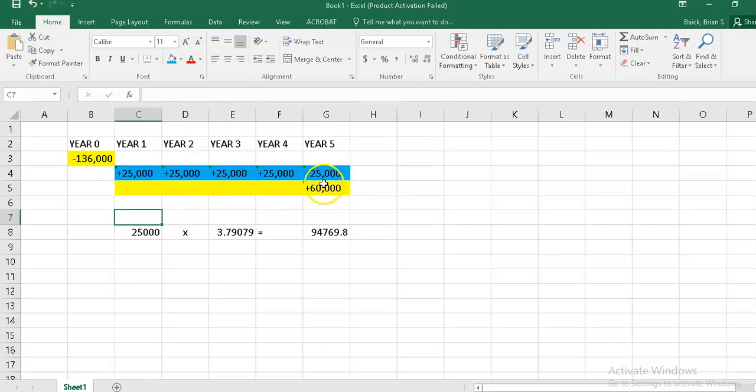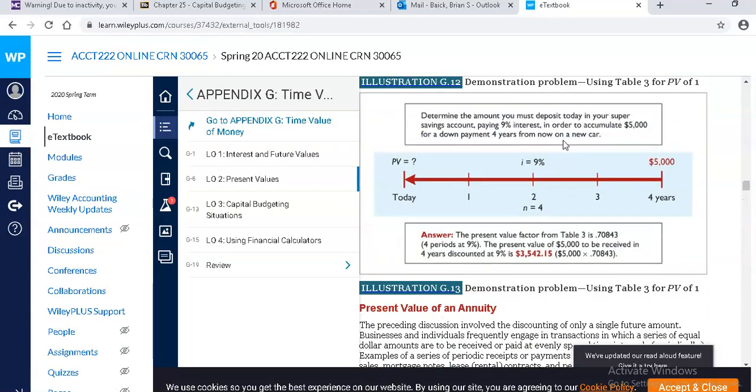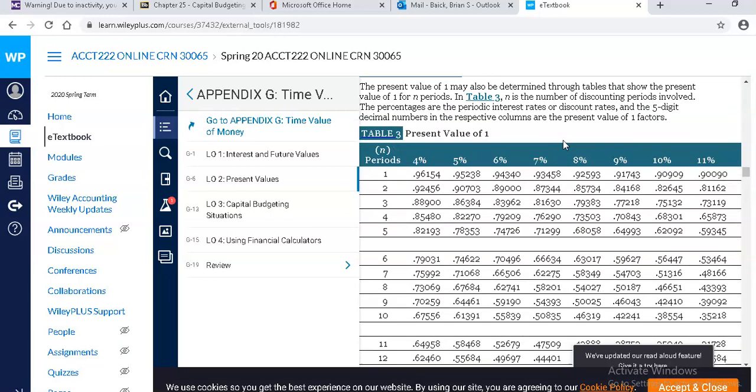What about this part? This 60,000. Is this an annuity? It's not an annuity because it's only one time. Annuity is the same money more than one time. So this is a single sum. If somebody gives you $60,000 5 years from now, what would that be worth right now? So we're going to take 60,000 and multiply by some factor, right? The factor comes from the table. Which table do we use? Annuity table, or single table?